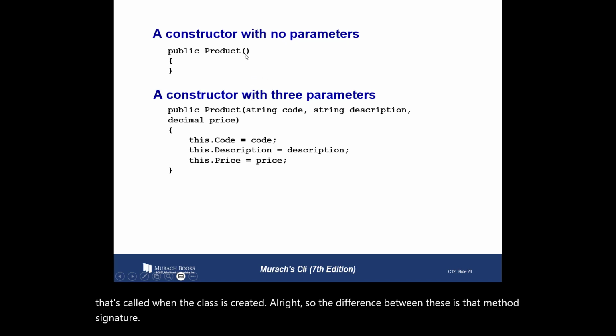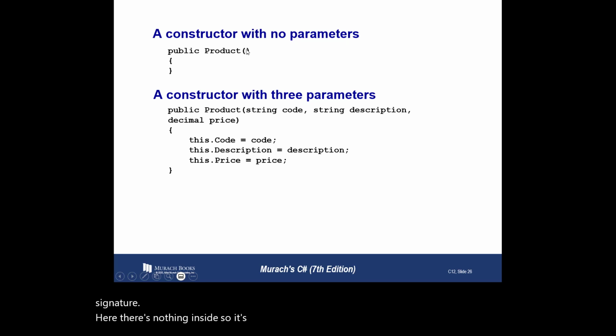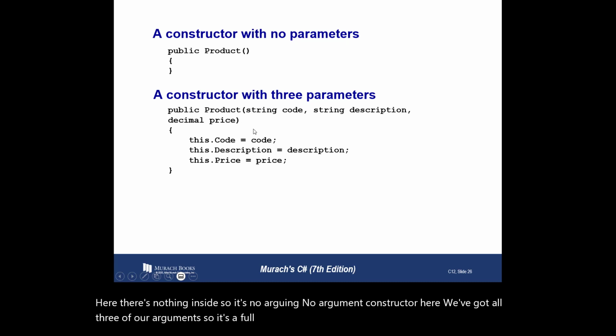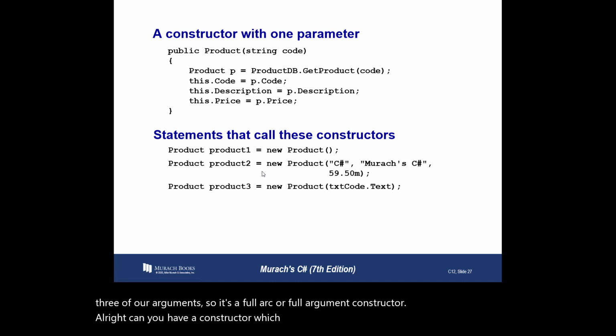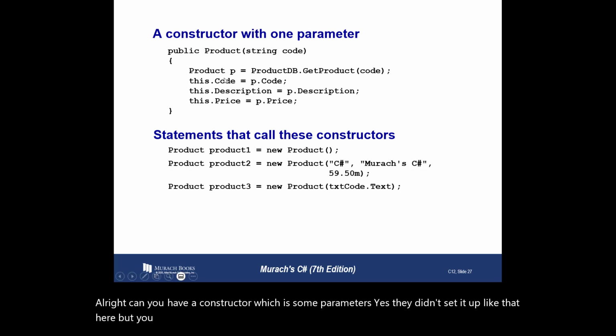Here, there's nothing inside, so it's a no arg or no argument constructor. Here we've got all 3 of our arguments, so it's a full arg or full argument constructor. Can you have a constructor with some parameters? Yes. They didn't set it up like that here, but you could, sure.